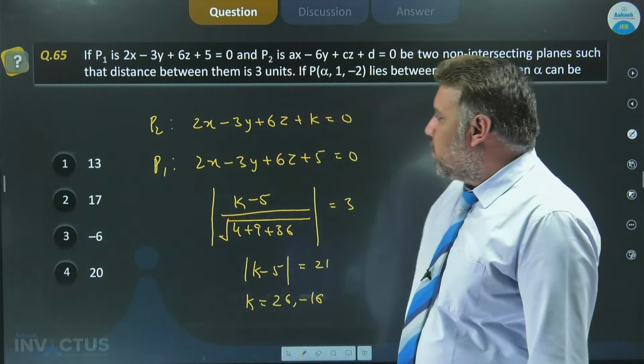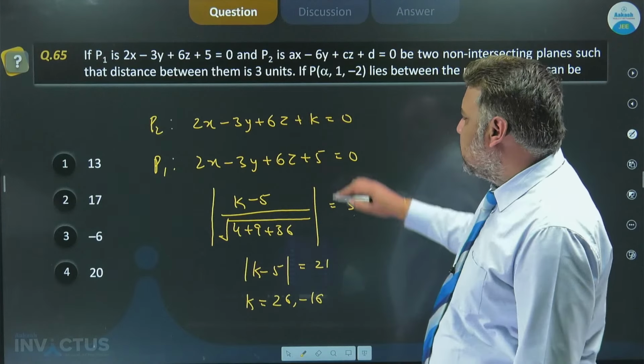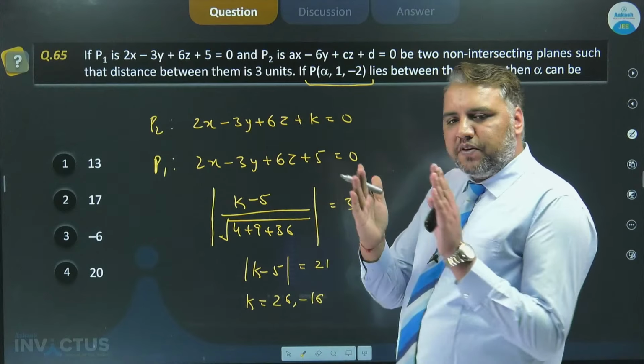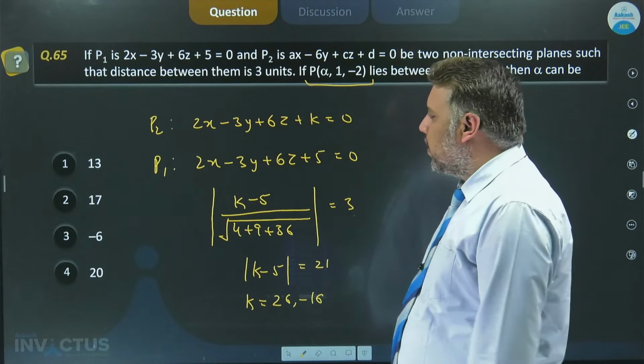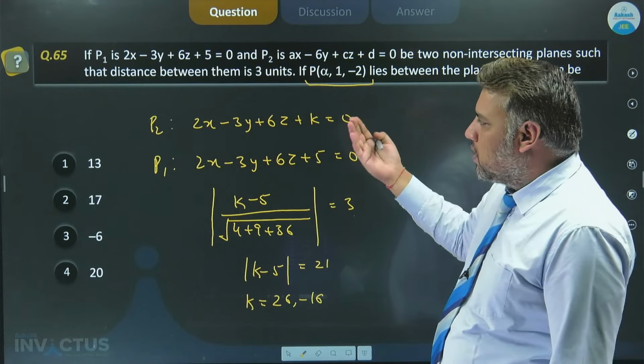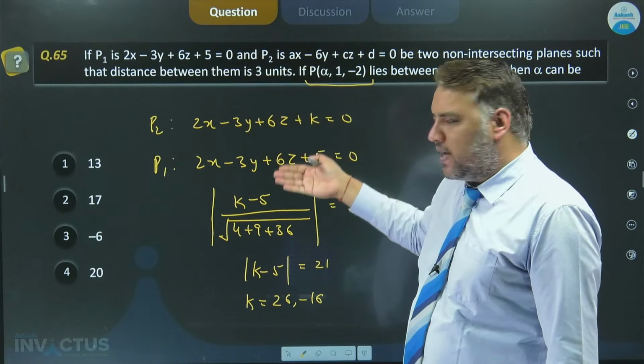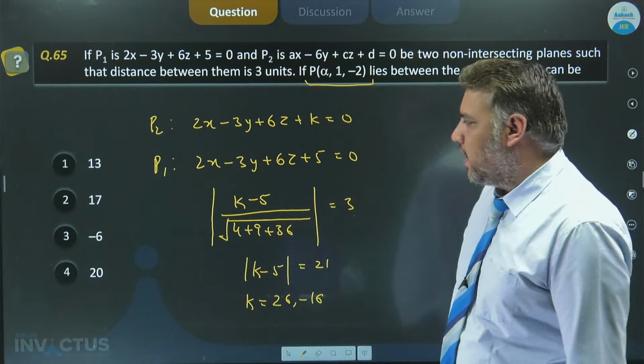Now we have to comment on the value of alpha. There is a point P (alpha, 1, minus 2), which lies between both the planes. So if a point lies between both the planes, then you have to put that point in these planes and the product must be negative.